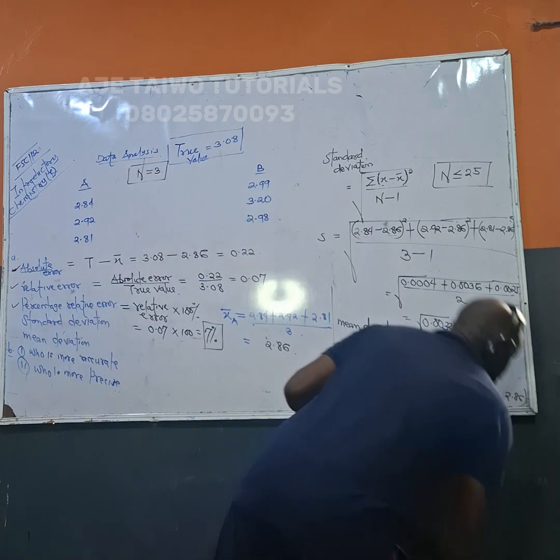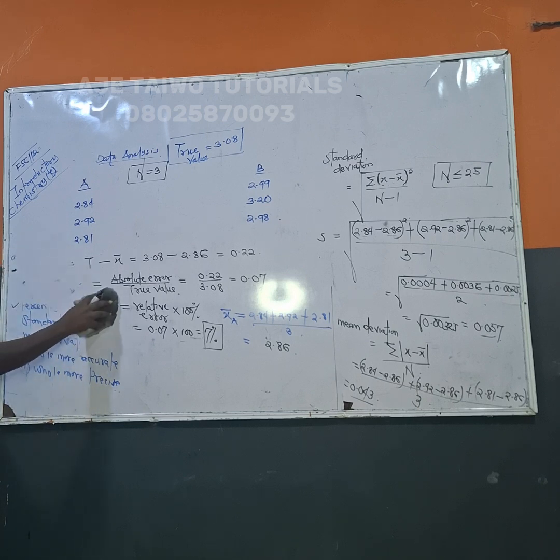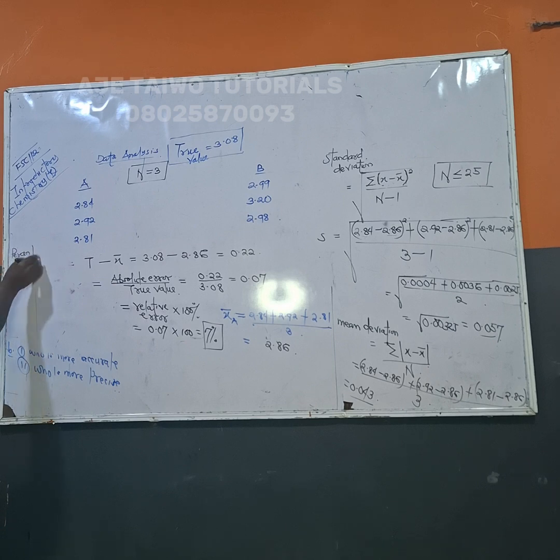So copy all these answers down. So for A now, let's watch it again. Let's watch, class, please. The percentage relative error for A is what?